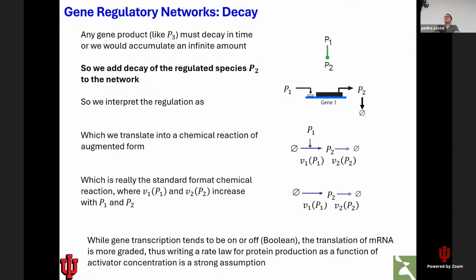You can make it a little bit more complex. For example, P1 activates the gene, produces the protein, and the protein decays. The protein is getting destroyed. That's more realistic of our cells. Every protein has a certain phosphorylation rate, and the phosphorylation makes the protein more susceptible to degradation.